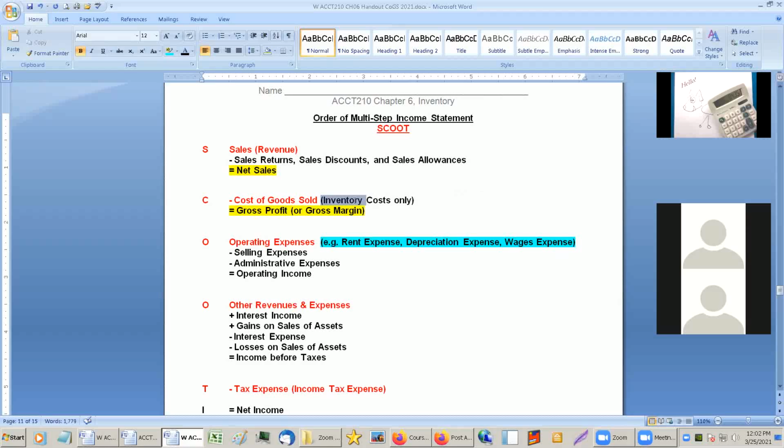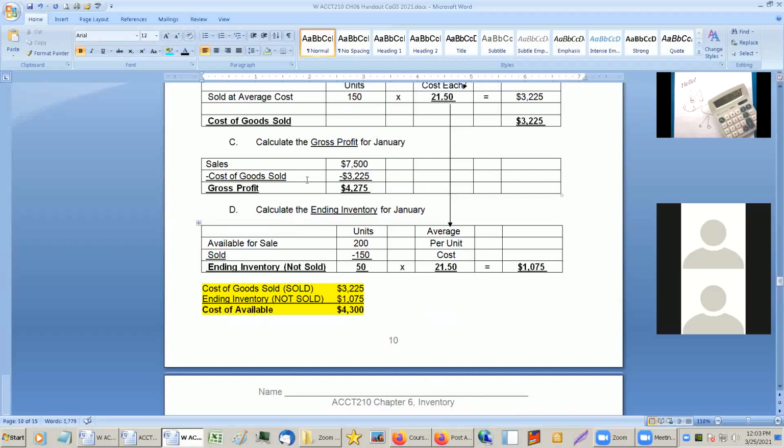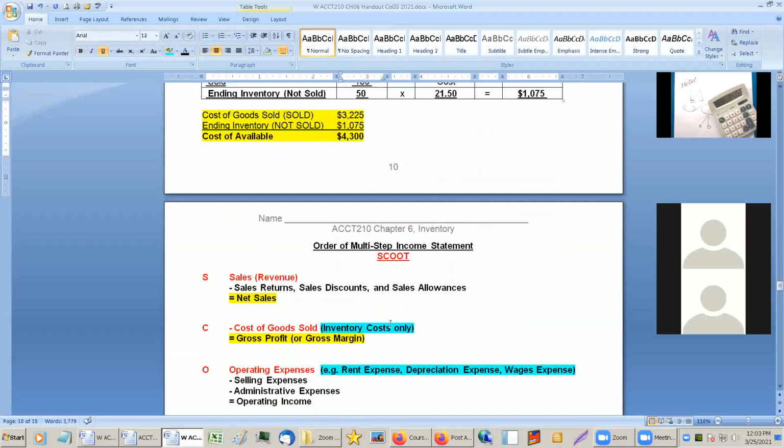So this is only for what we just have been doing. You notice that we didn't do anything with, say, wage expense or rent expense. This is only for the cost of the inventory.